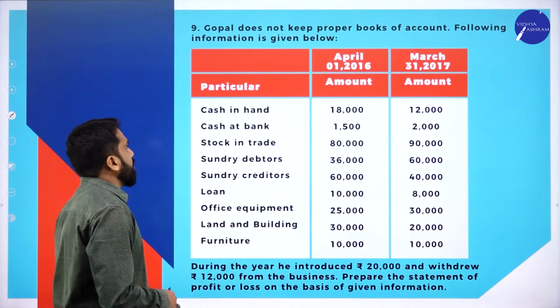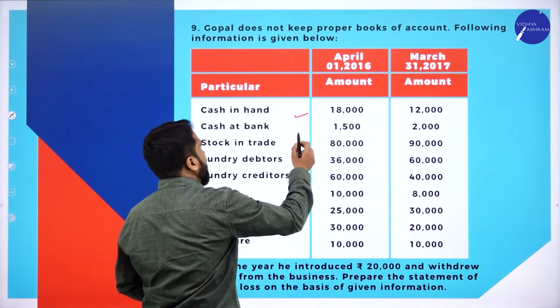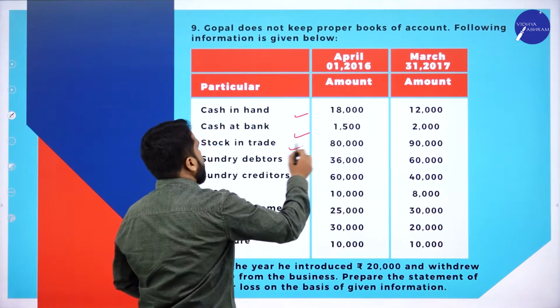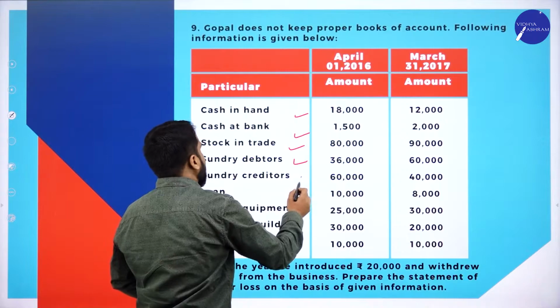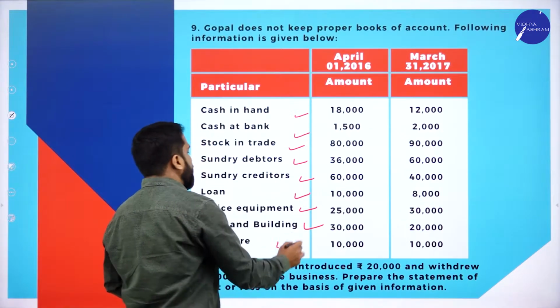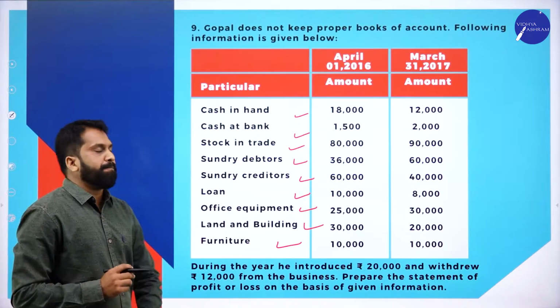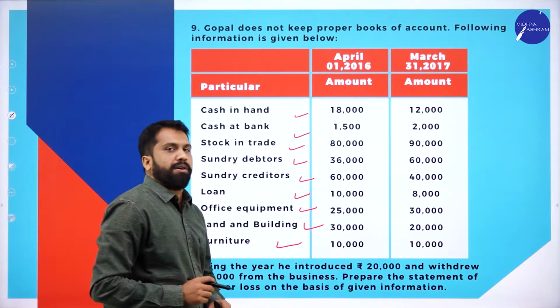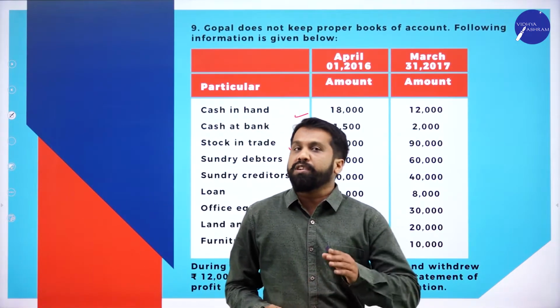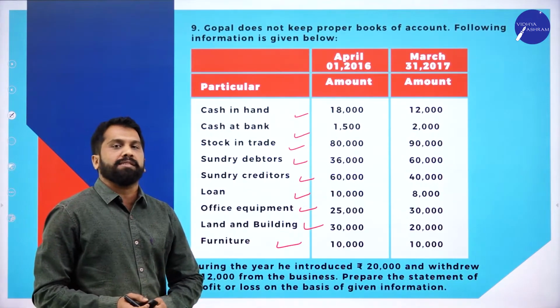Now, cash in hand 18,000, cash at bank 1,500, stock, sundry debtors, creditors, loan, office equipment, land and building, and finally furniture. Before we start this problem, you should understand which comes under the asset side and which under the liability side.